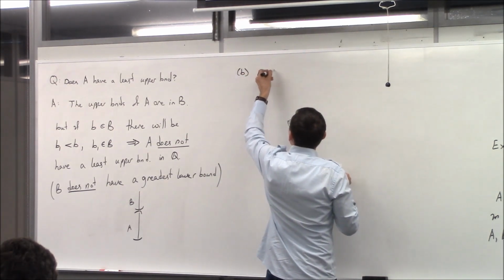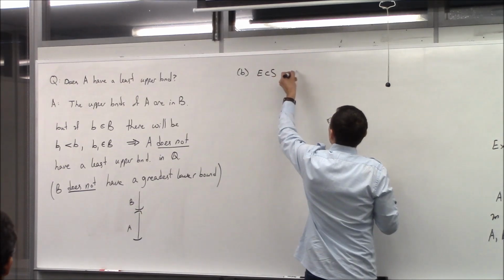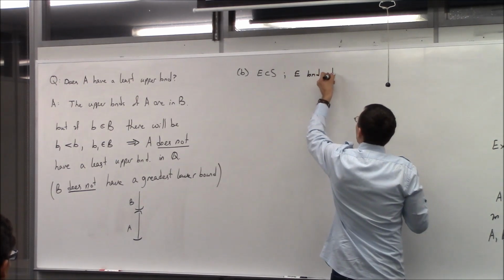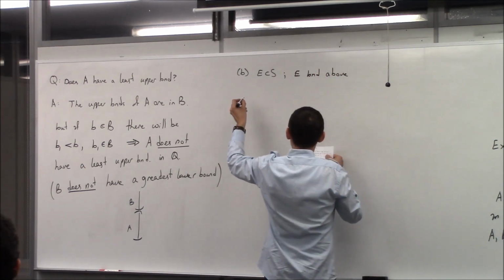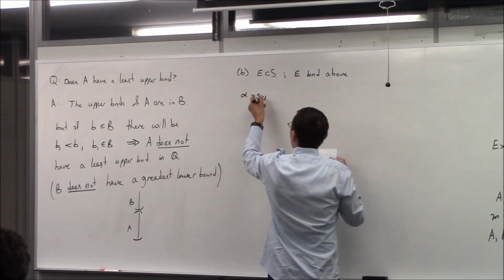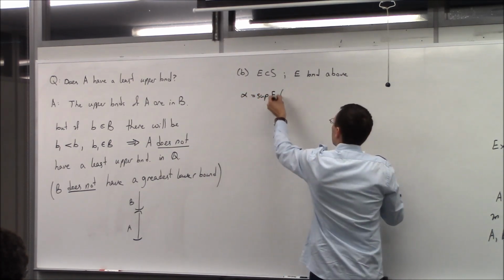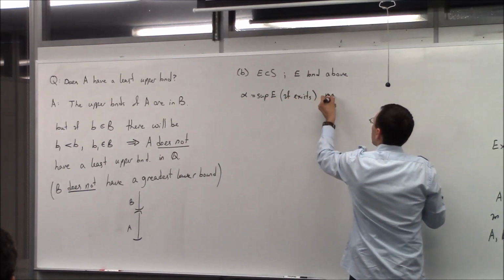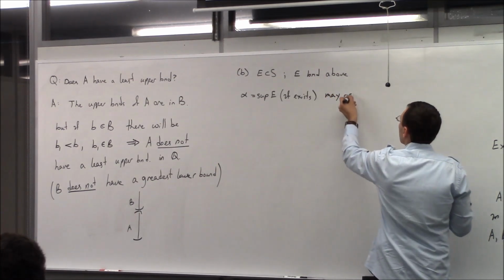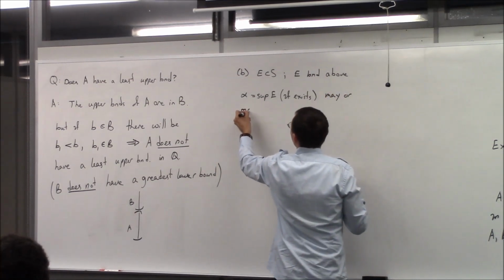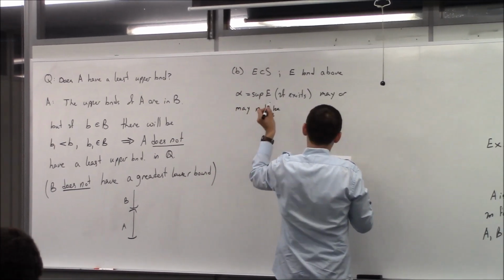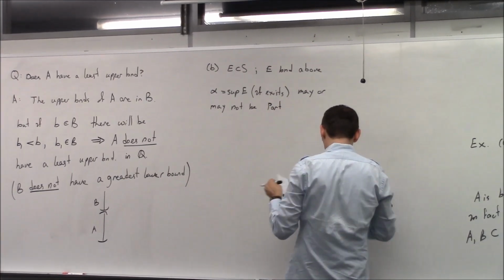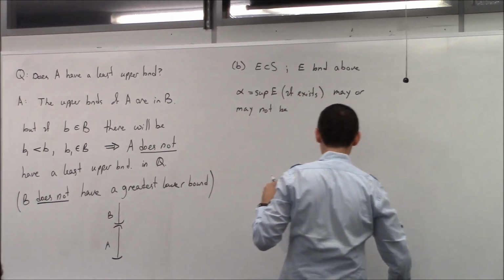If we have E part of S such that E is bounded above, alpha equal to the supremum of E, if it exists, may or may not be an element of E.